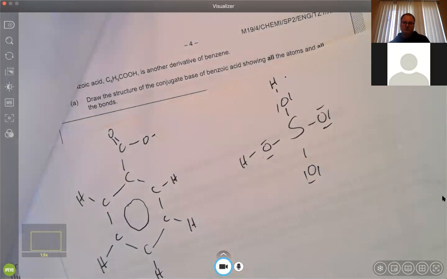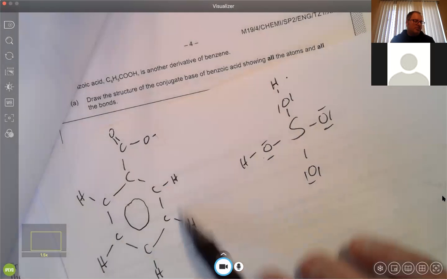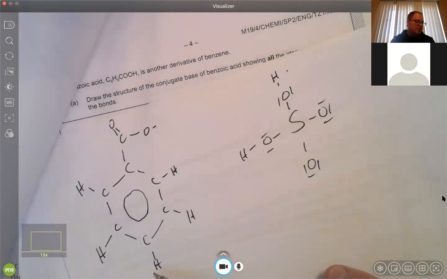In the other case, with the benzoic acid, there are like 1, 2, 3, 4, 5 other H's attached to C's, which seems to me like it would be a weaker bond, and therefore more likely that one of those would be taken off instead. Nope. With these, they're not going to be able to be pulled off. They're basically stuck to that benzene ring.